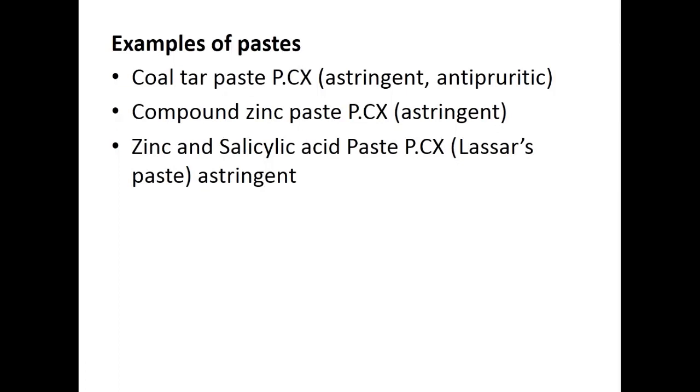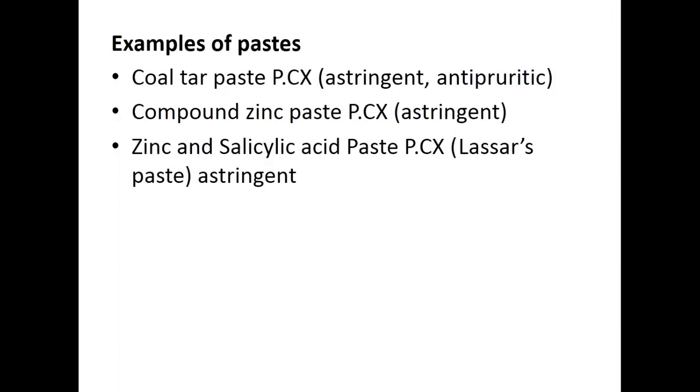Kama blood inatoka, inasababisha contractions za muscles, ile blood inakata. Lakini antipyretic inatumika kutibu upele. Compounding zinc paste, pharmaceutical codex, used in treatment of astringent. Also zinc and salicylic acid paste, pharmaceutical codex, or in other words called lassar's paste.